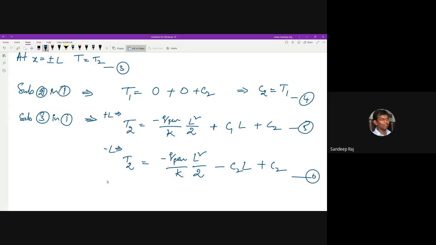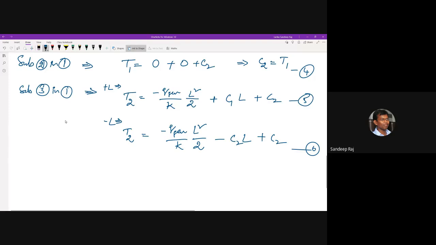So now what I will do is I'll consider these two equations. Okay, when I consider the effect of these two, I'll get C1. If I don't take this plus or minus L, it will be impossible for me to calculate C1. So since this is a symmetric boundary condition, I'll be in a position to calculate C1.